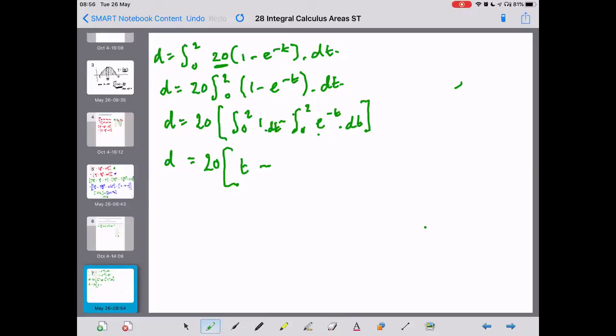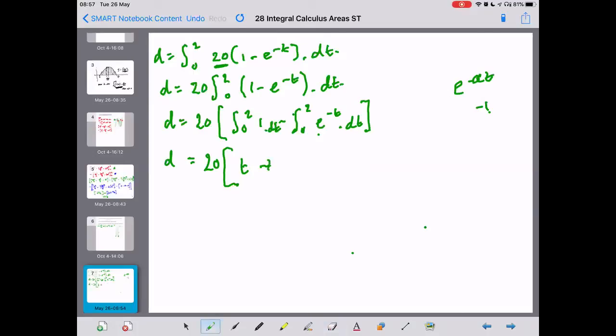Oh, when we integrate e to the a t, a in this case is minus 1. We bring the a down, and so we're going to have minus e to the minus t, and we've got 2 negatives here, so they become a positive.